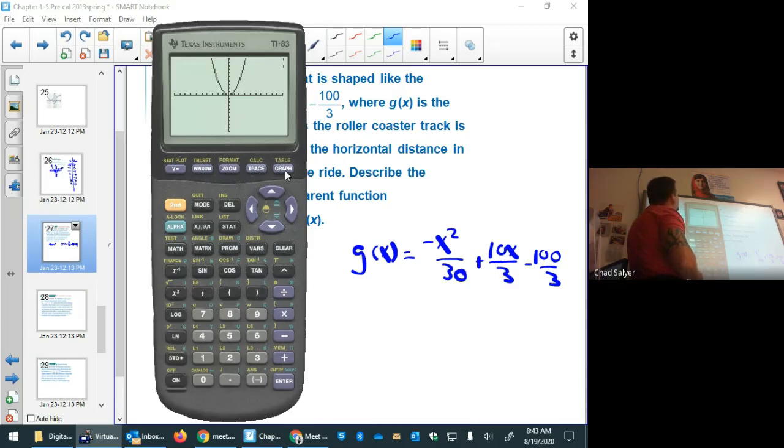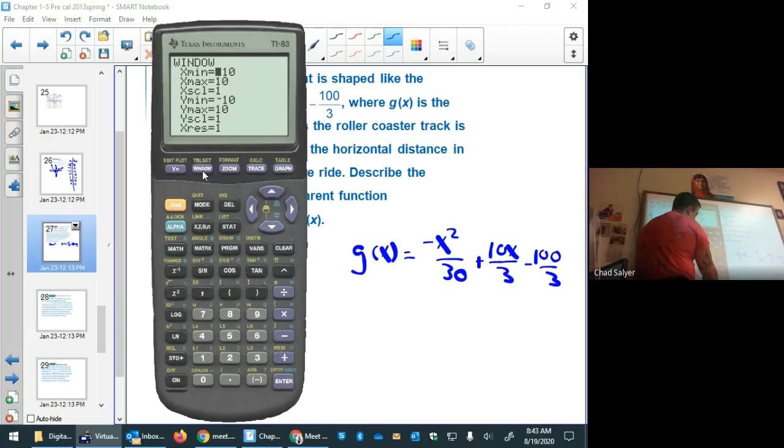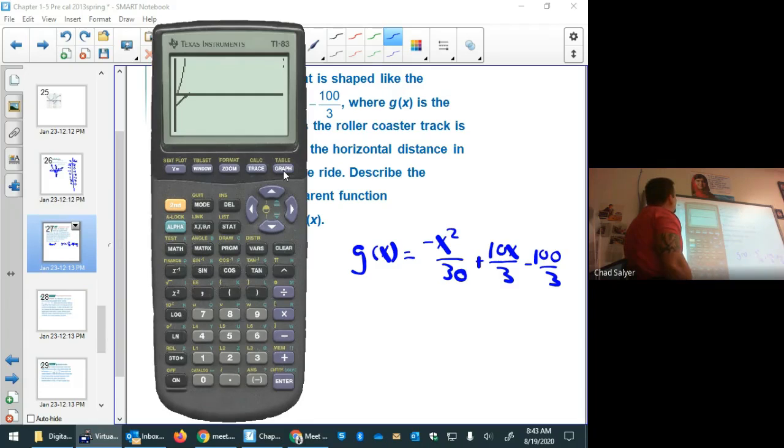So original, and we need to zoom out so we can see that. So let's go, I don't know, 0 to 100, and then, I'm sorry, because some of that was below the x-axis, negative 100 to 100. Let's see what that looks like. So there's our original, and then here's our modification. So we see that it's flipped over, and then it's horizontally and vertically translated.